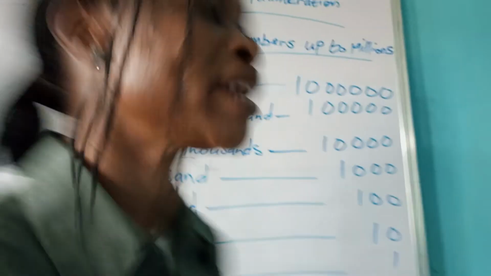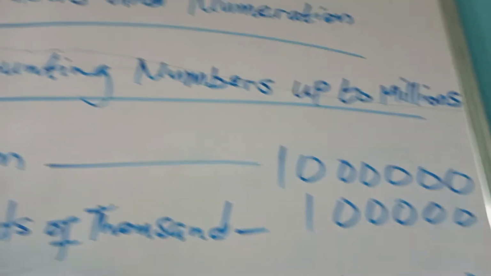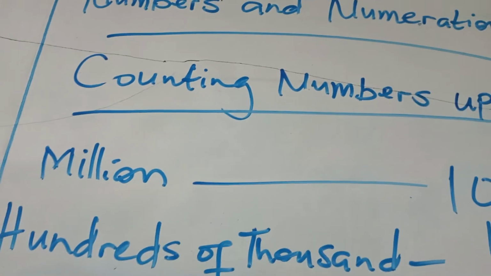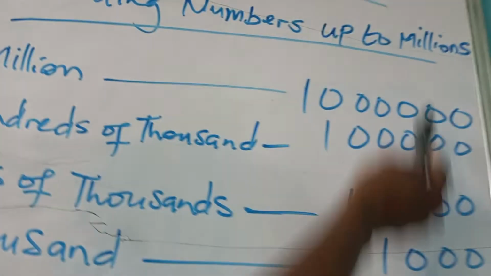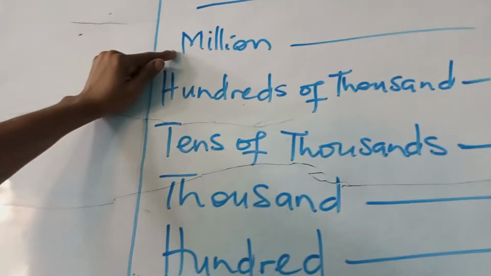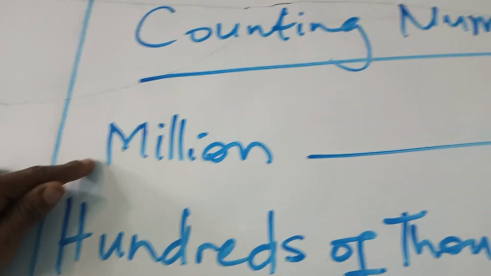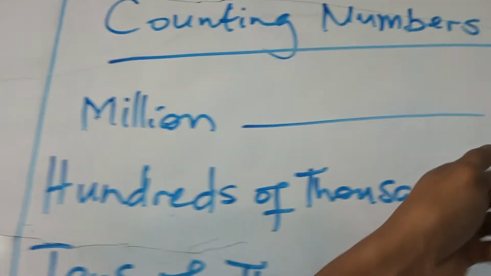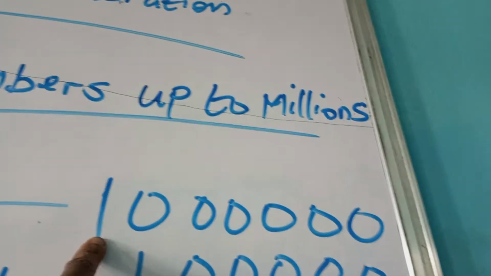All right, looking at the board, you can see that these have been specified based on the number of digits that are involved. Now, when you want to write any number that has to do with a million, you have to have it at the back of your mind that the total number of digits should be 7.